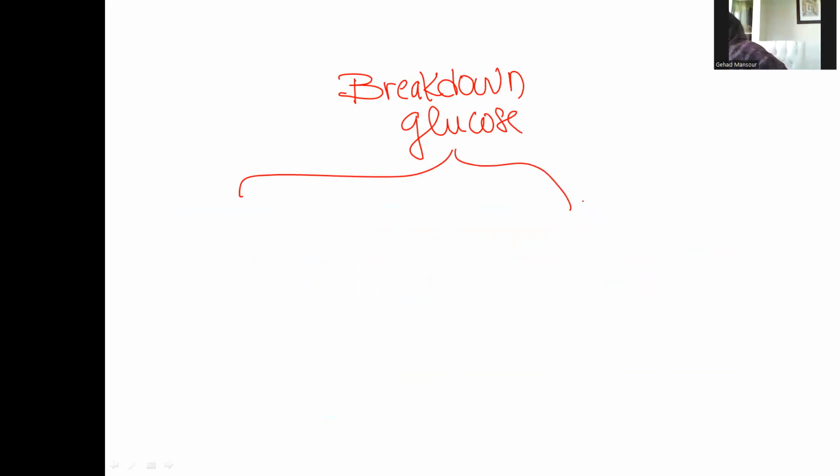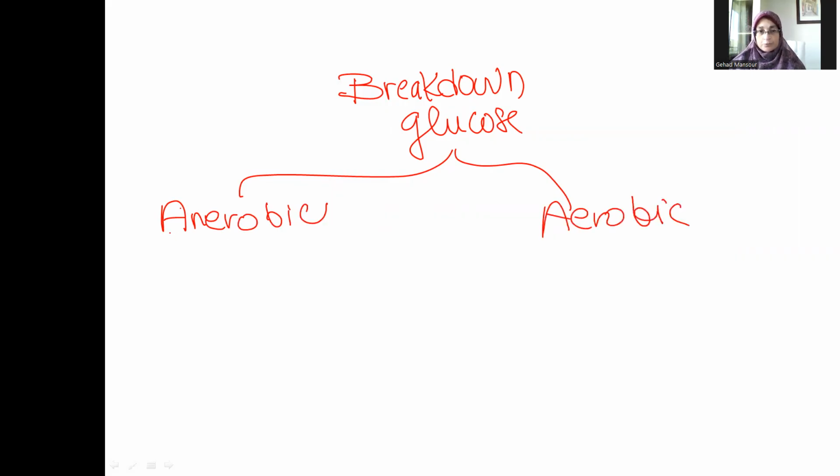We have an aerobic mechanism of breaking down glucose and an anaerobic mechanism of breaking down glucose. So here we have anaerobic breakdown of glucose to get energy, and we have aerobic breakdown of glucose to get energy.